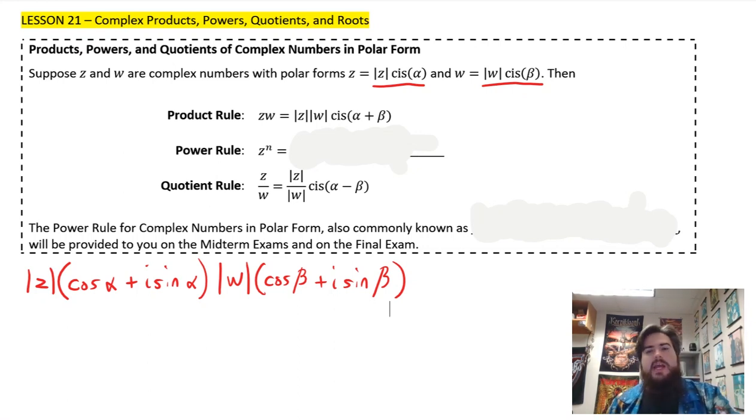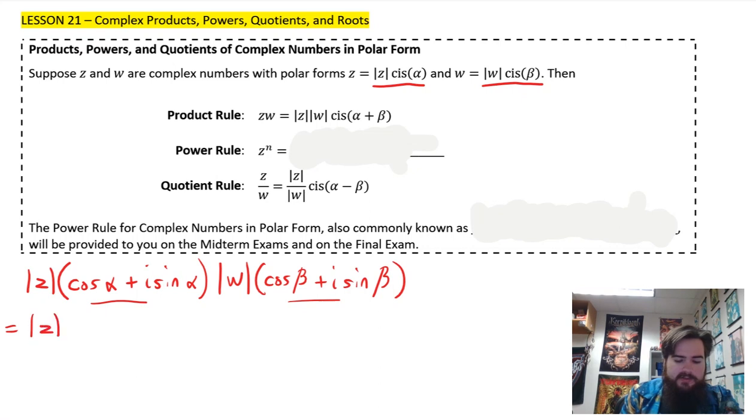Well, here, because we have the two moduluses in this overall multiplication, I can move those to the front to separate them, and then I can distribute with the two binomial terms that I have here. If I do that, I will have modulus of z times modulus of w, so we see where that beginning part is coming from.